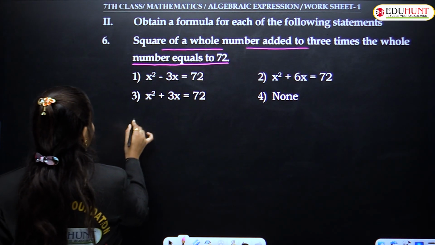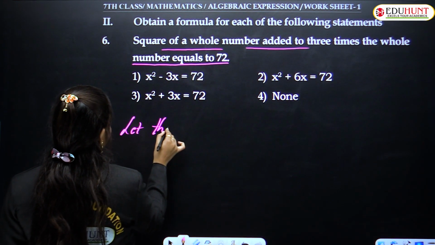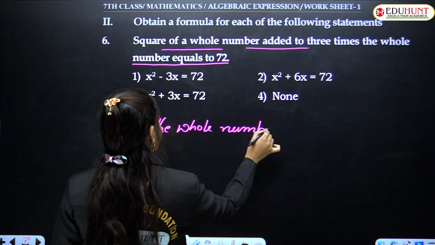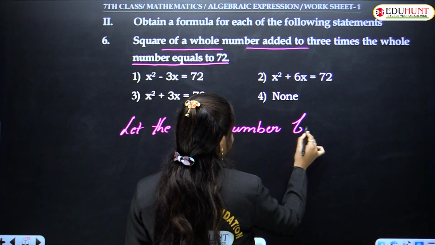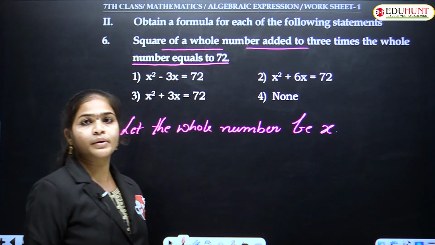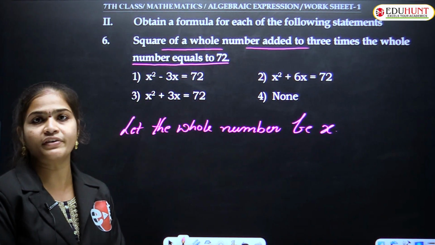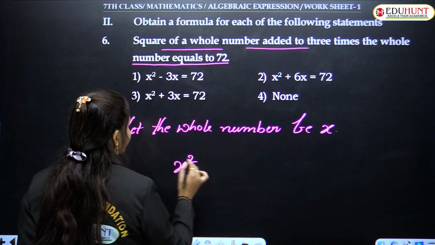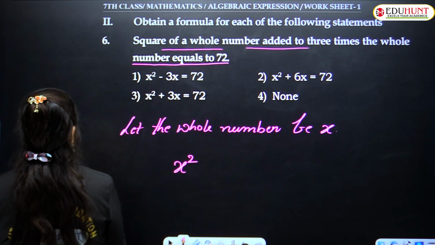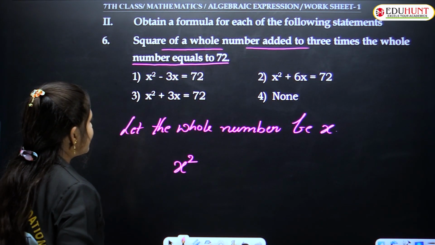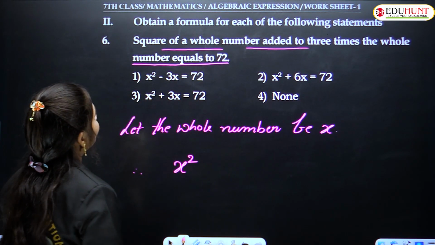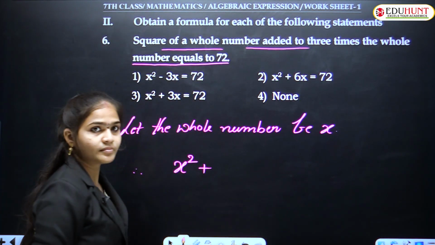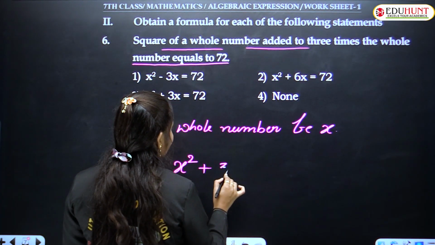So let the whole number be x, because the options are given in terms of x. Now, the square of a whole number is x square, which is added to 3 times the whole number.